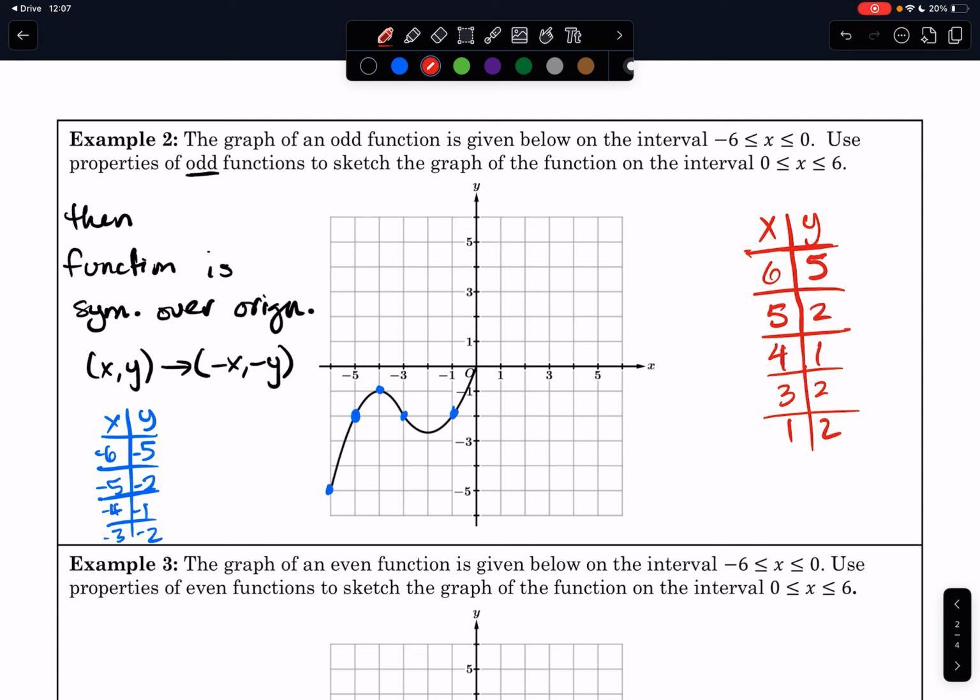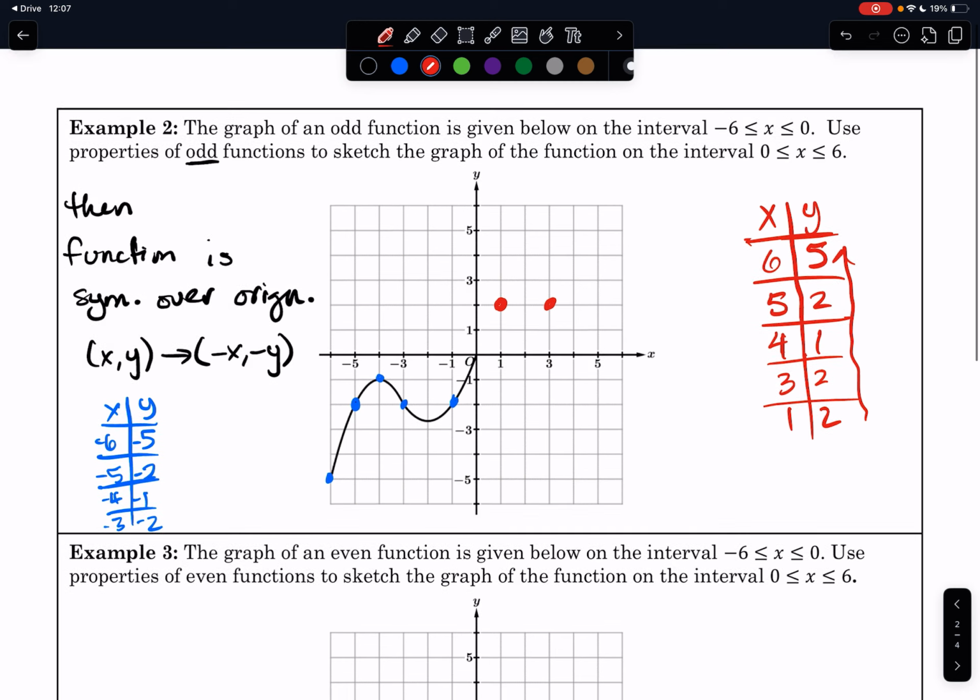So let's plot those points. 1, 2; 3, 2; 4, 1; 5, 2; and then 6, 5.